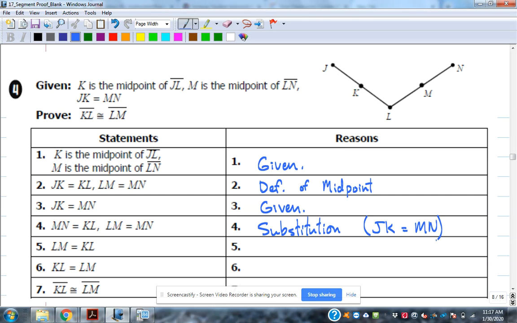The next one for sure is transitive, because now we can say that LM is equal to KL because we have 1, 2, 3, and the MN is still part of that, and now we got those 2 end pieces there. So that would definitely be transitive.